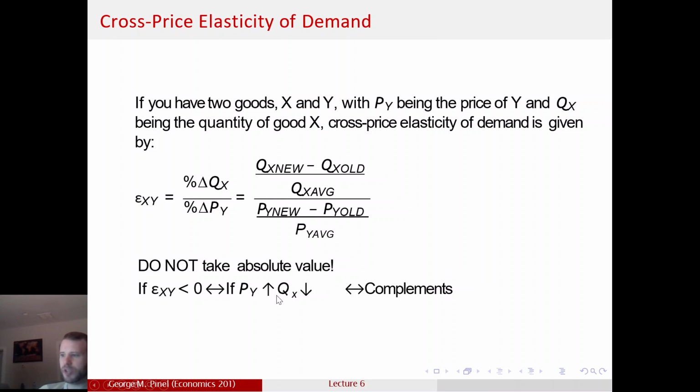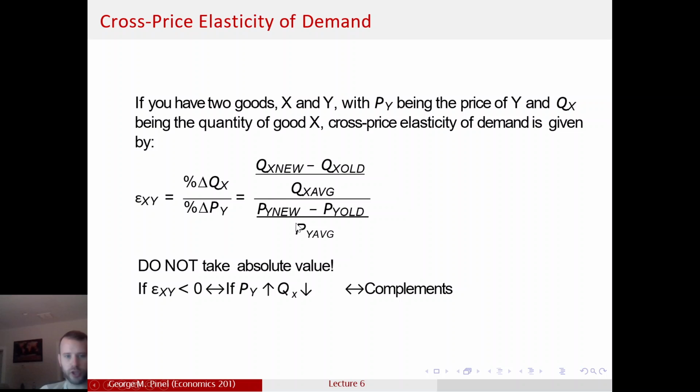If the change in PY is positive, that means PY new is greater than PY old, because PY new minus PY old has to be greater than 0. If the change in Q is negative, then quantity new is less than quantity old. So that means price increased and the quantity demanded decreased.